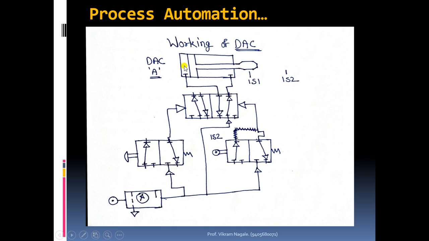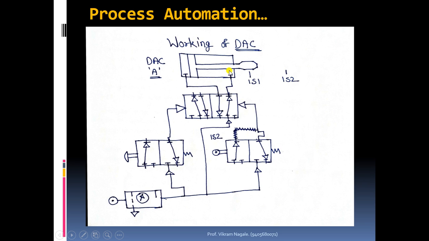There will be a pressure difference of around 4-5 bar, so obviously the air has to move to the atmosphere, or it will exhaust into the atmosphere through this valve. So over here, port number 3 will be in active condition and port 5 will be inactive or idle.